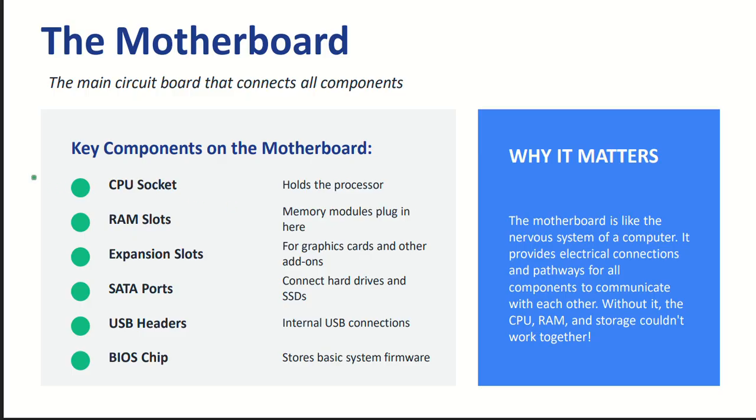It first has a CPU socket, then RAM slots in which we can plug in the RAMs, and expansion slots to which we can add graphic cards and add-ons. SATA ports are used to connect SSDs, solid state drives, which have no movable components in them. USB headers connect keyboards, mouse, or USB ports with the computer, and BIOS chips store the basic system firmware and the operating systems.